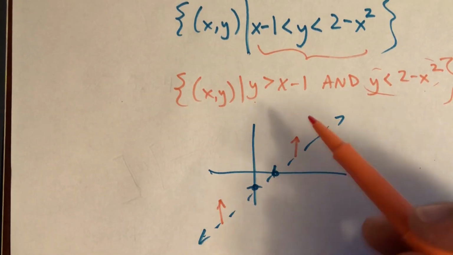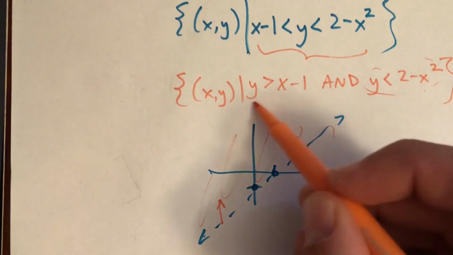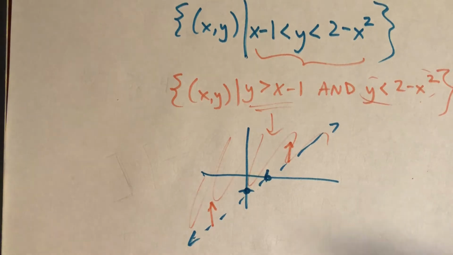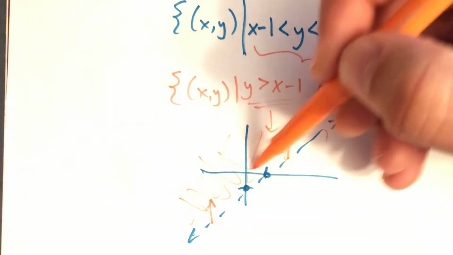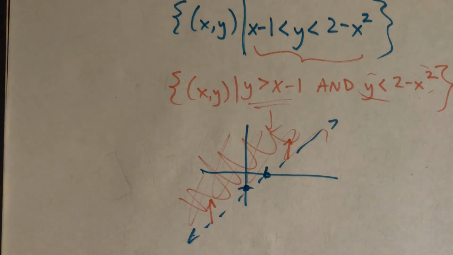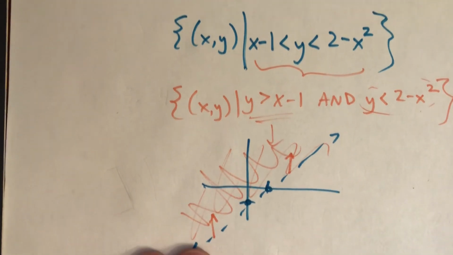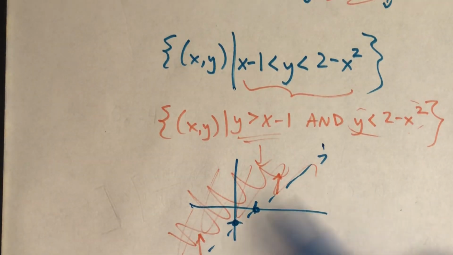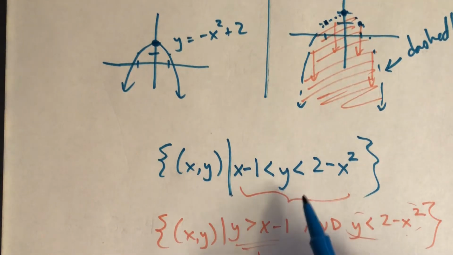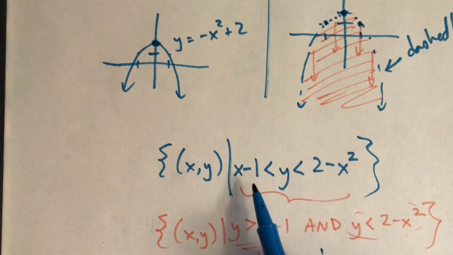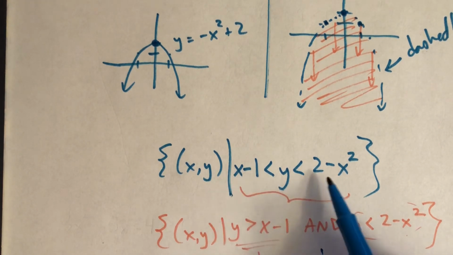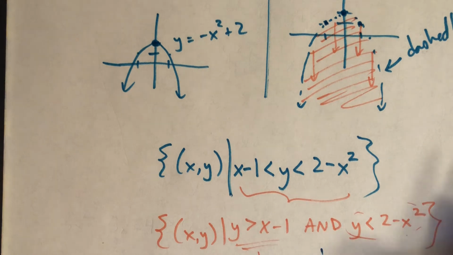So we would want to shade all of this. If it were only this one, that's our solution set, and we would shade above the line. But we've got a compound inequality, right? It's not just the one, it's both of these things. So our y value has to be between this line and this parabola.